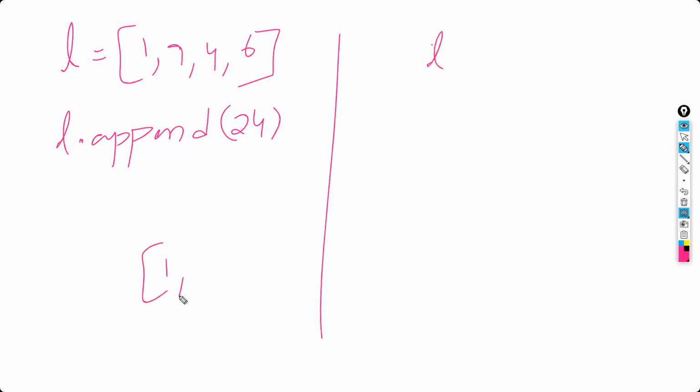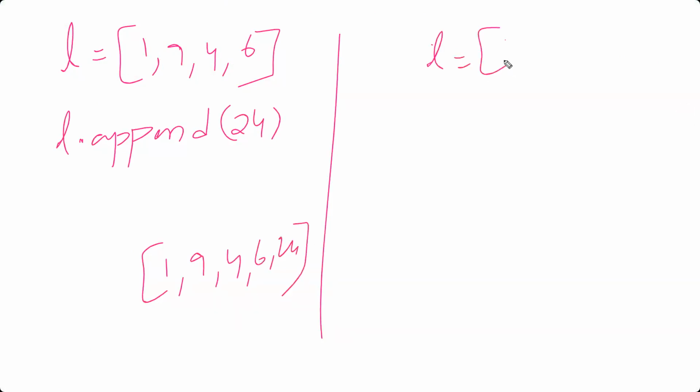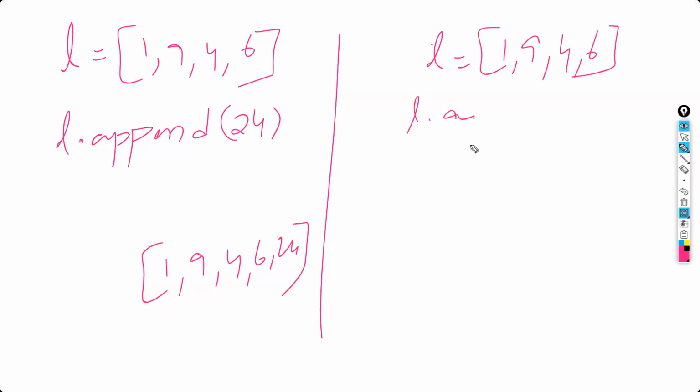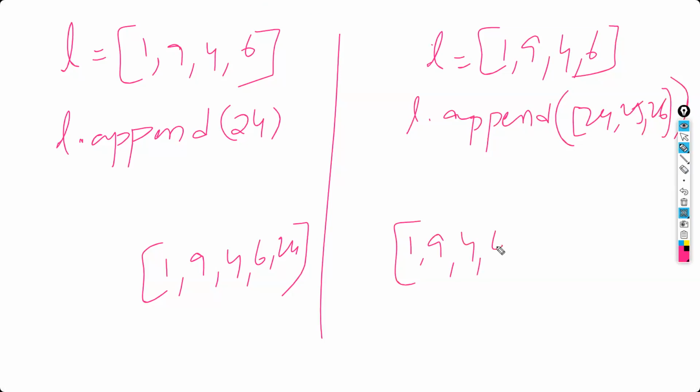And the output you are going to get is 1946, 24. Now same L is equal to 1946. L dot append of list of 24, 25, 26. Now what is the L value? Now L value is going to be 1946 and a list of 24, 25, 26.